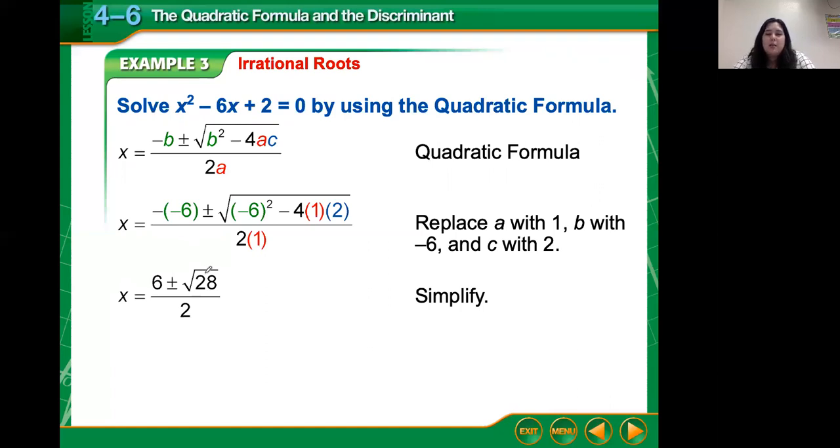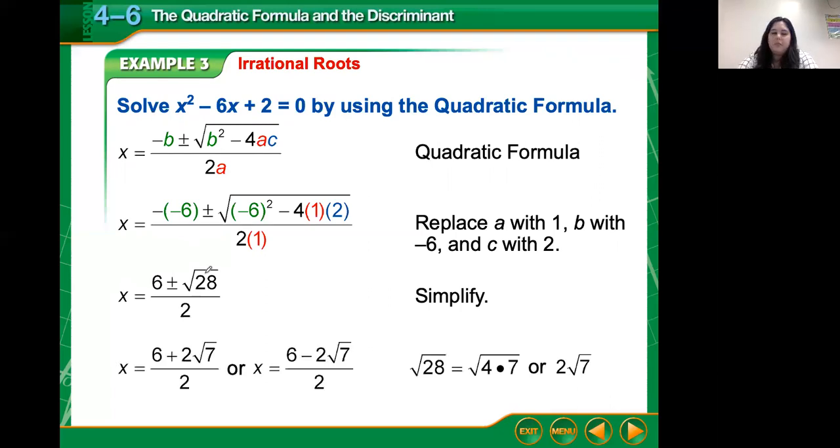And if they ask you to estimate, you will have a rounded decimal. So we're going to simplify this to the best of our abilities, and we get 2 square root of 7 for simplifying our radical, because 4 times 7 is 28 and the square root of 4 is 2. So we get 6 plus 2 square root of 7 over 2 and 6 minus 2 square root of 7 over 2.